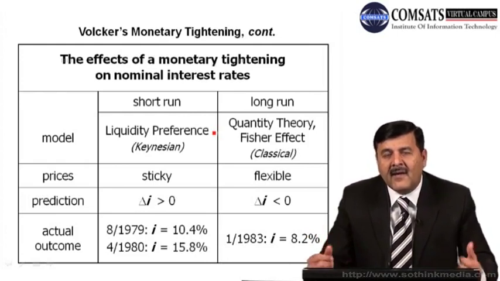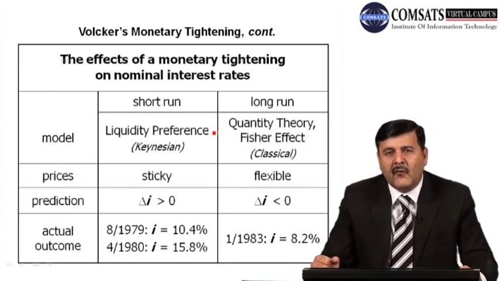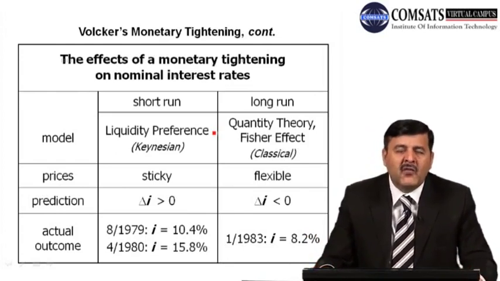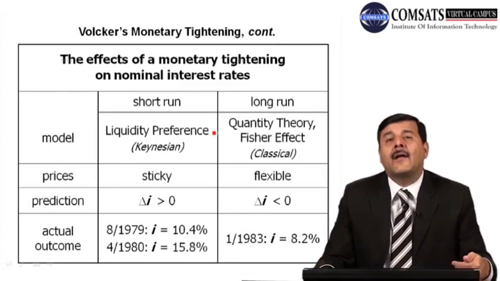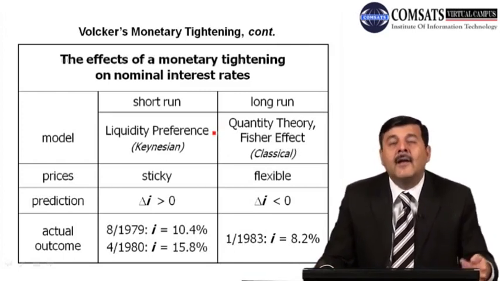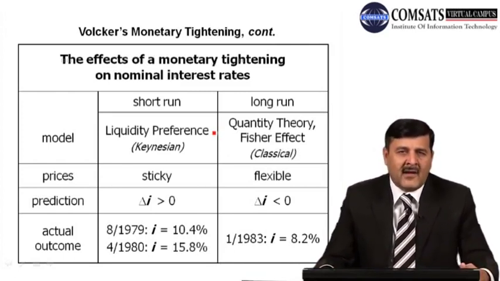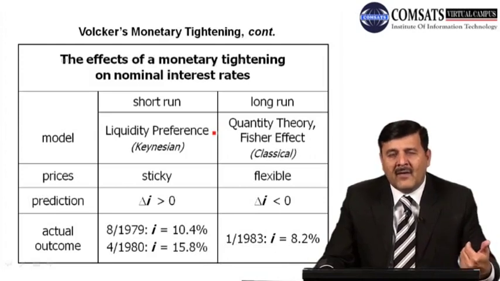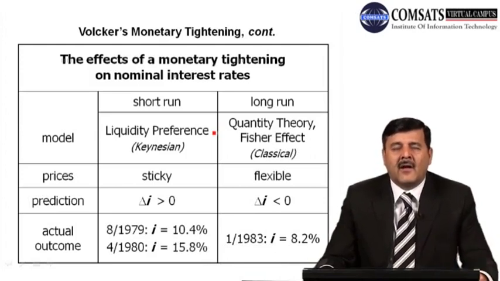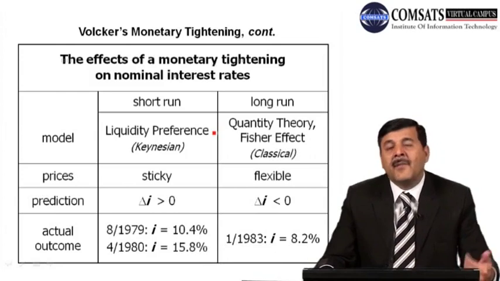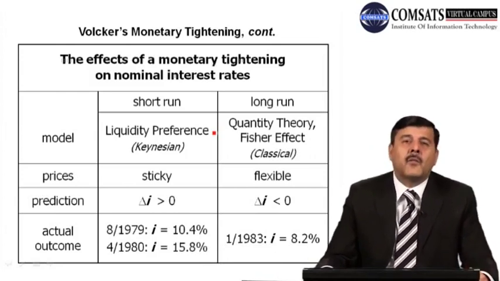So we have discussed the case study in which the chairman of the Federal Bank of America wants to reduce inflation in the country and the economy, and how he can do that by reducing money supply. When they reduced money supply in 1979 and 80, inflation came down to 3.7%.